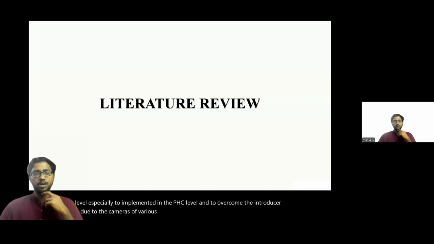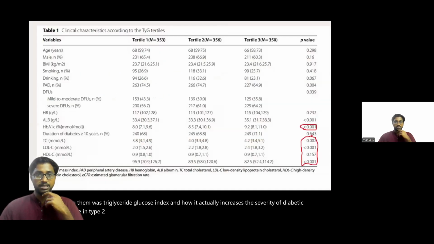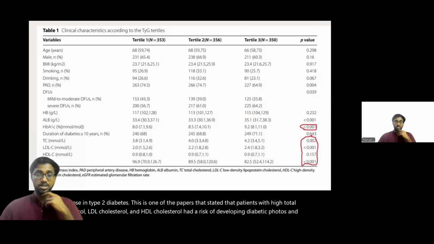The literature review that we did showed some of the strongest associated factors with reference to diabetic foot disease. One among them was the triglyceride glucose index, and how it increases the severity of diabetic foot ulcers and type 2 diabetes. This is one of the papers that stated that patients with high total cholesterol, LDL cholesterol, and HDL cholesterol had a risk of developing diabetic foot ulcers, and the severity of the ulcer in those patients increased with increased levels of cholesterol.